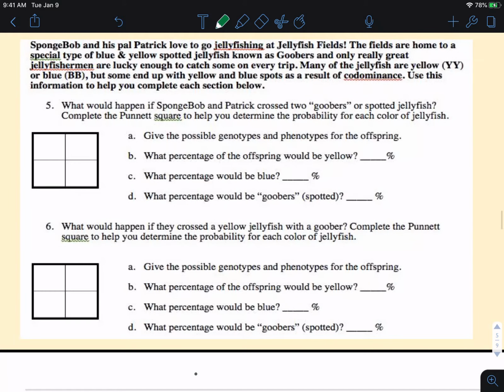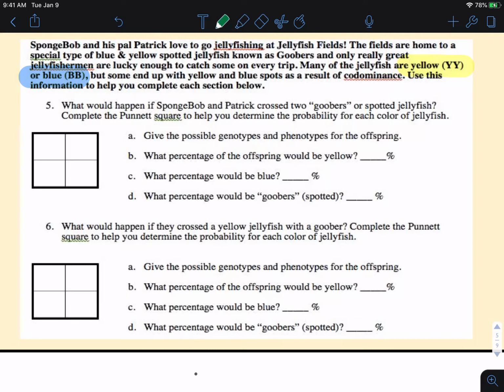All right, so what we have is many of the jellyfish are yellow, and they are going to be YY, or blue, and these guys are going to be BB, but some end up yellow and blue spotted as a result of codominance. Okay, so what would happen if you crossed two goobers, or spotted jellyfish?